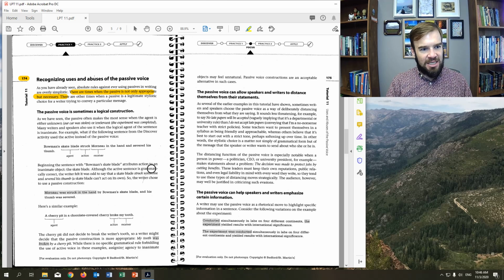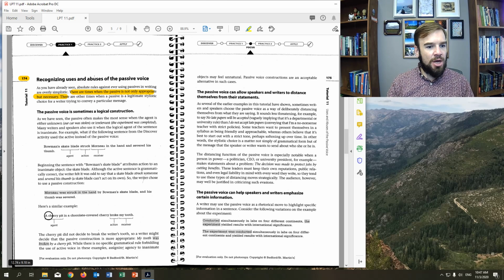Although the active sentence is grammatically correct, the writer felt it was odd to say that a skate blade struck someone and severed his thumb because a skate blade can't act on its own. So the writer chose to use a passive construction. Morneau was struck in the hand by Bowman's skate blade and his thumb was severed.